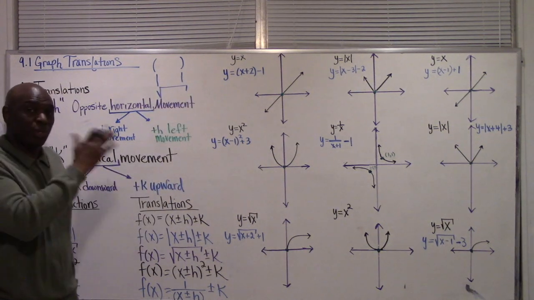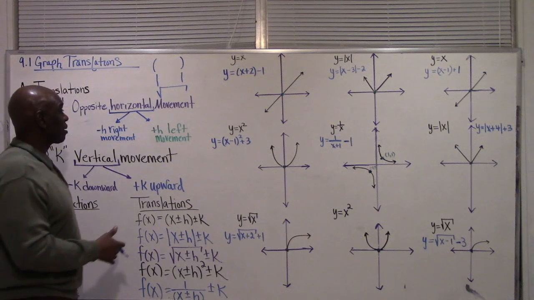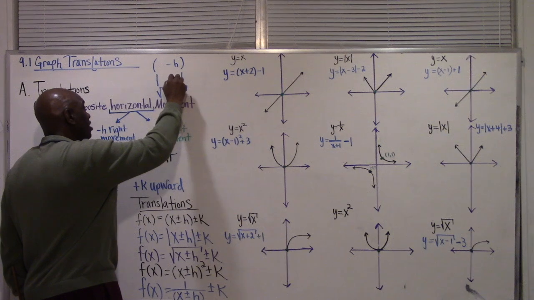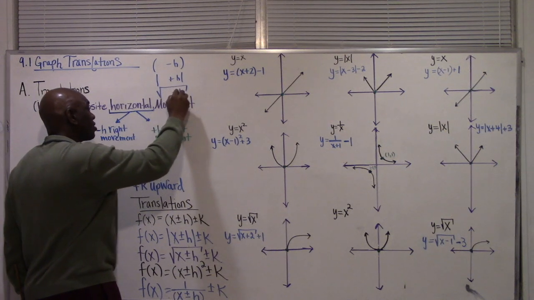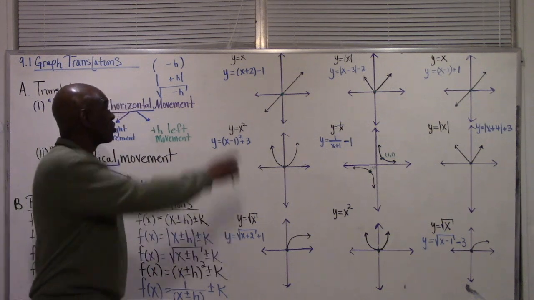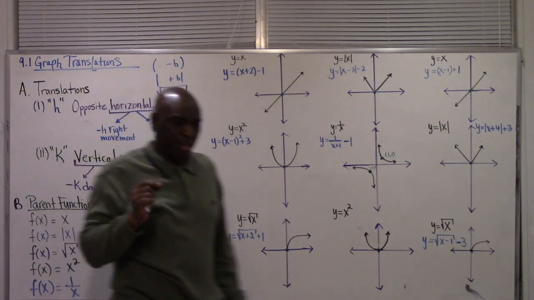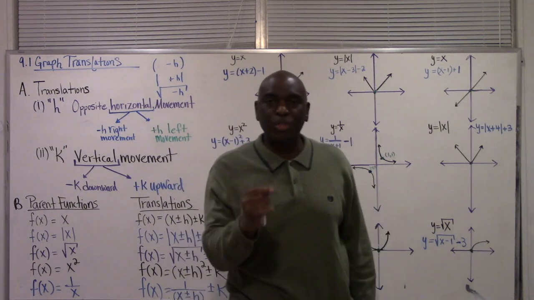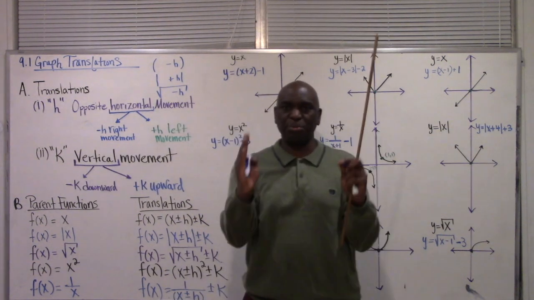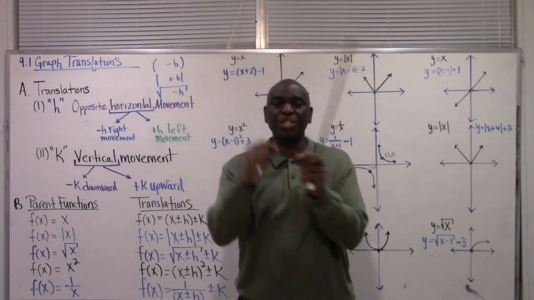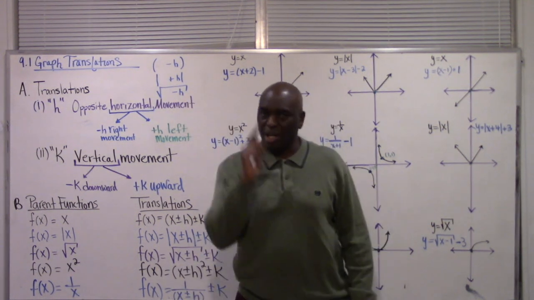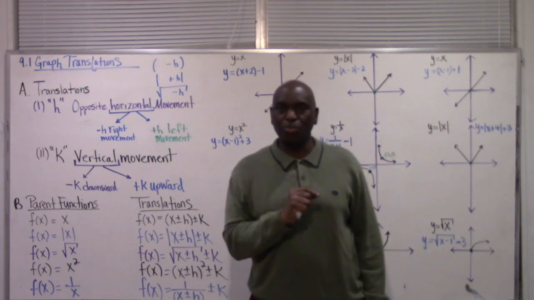It does not matter what the confinement is. Whatever the h is in here, if it's a minus h or a plus h, it's always the opposite sign. That's the movement. So this minus h here, in parentheses, means I'm going to the right. This plus h in absolute value bars means I'm going to the left, opposite. Minus h under the radical means horizontal movement to the right.